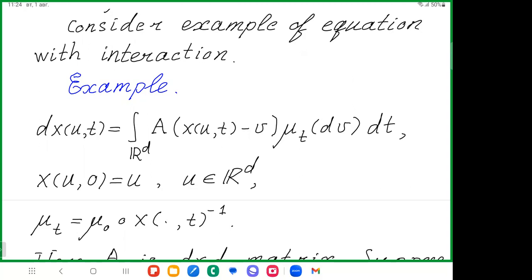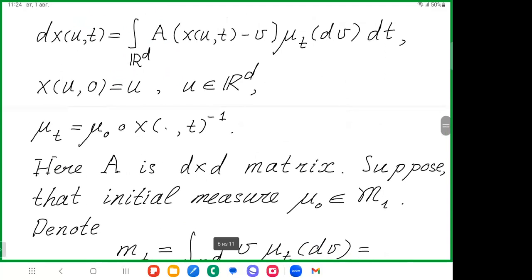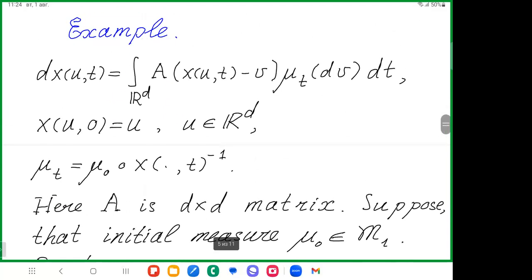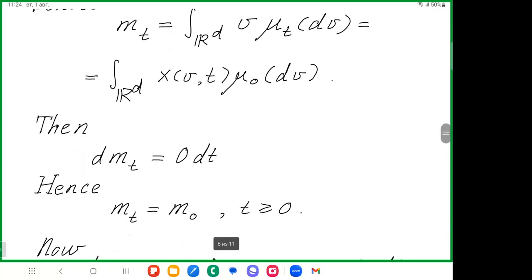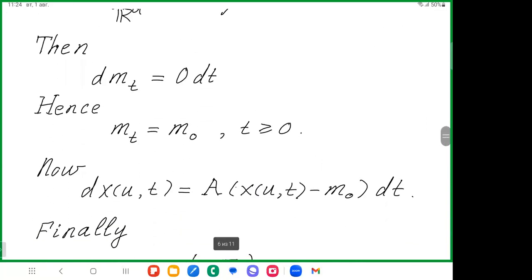But you see, here we have a lot of stationary points, and our solution is moving around the center of mass. So from this point of view, it looks like we will have some trouble when we discuss the existence and properties of stationary solutions to equations with interaction.